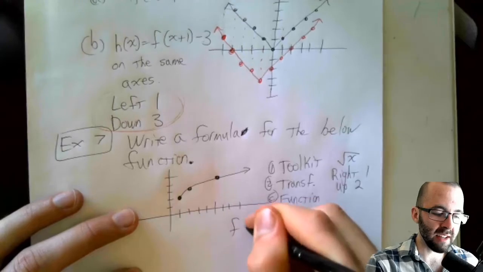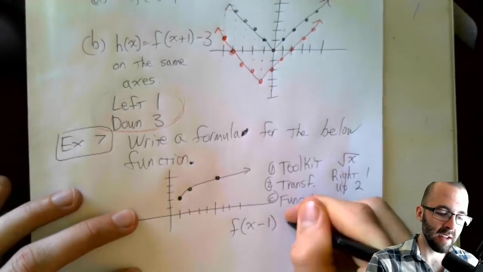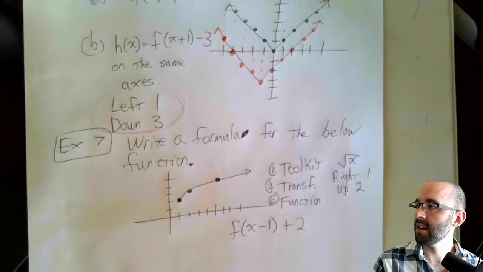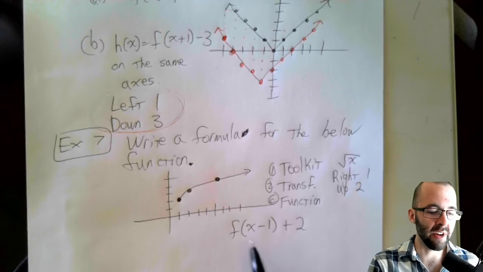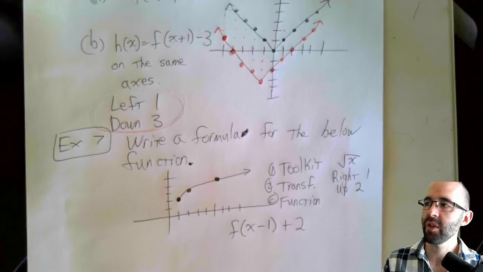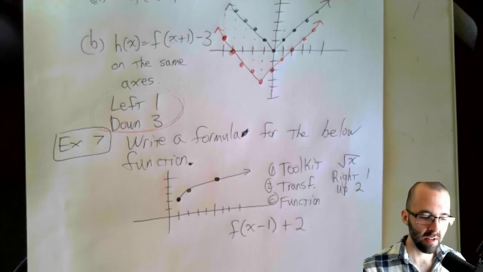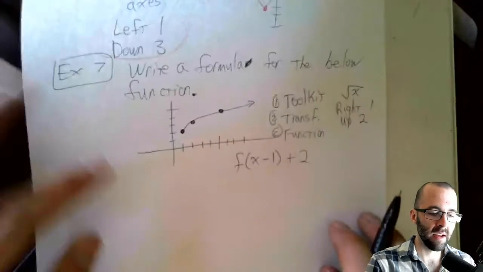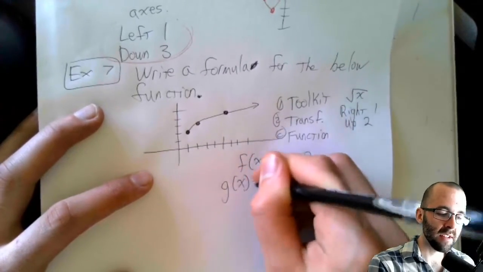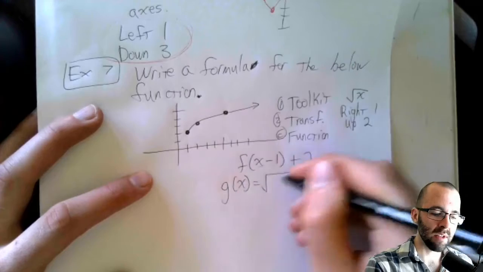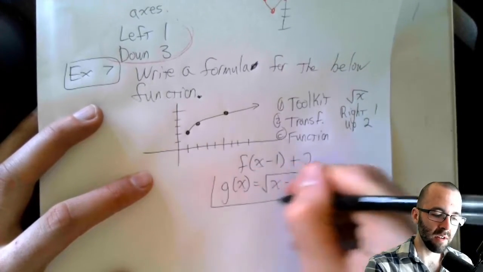Or you get something like this. And then again, f is just a square root function, so we're going to replace the f with the square root function. So, final answer is going to be g of x is the square root of x minus 1 plus 2.